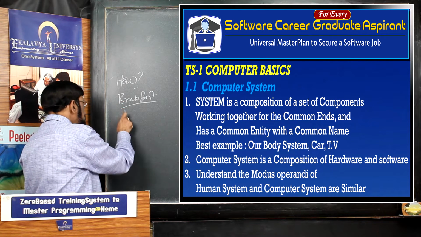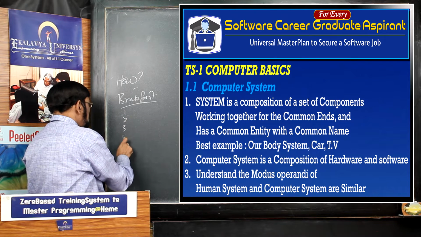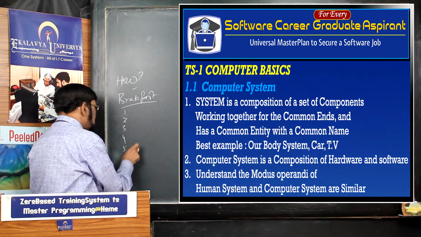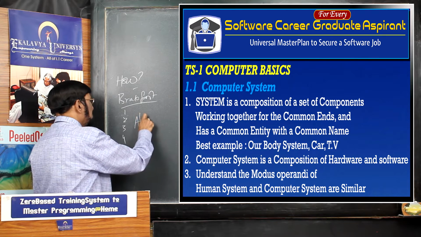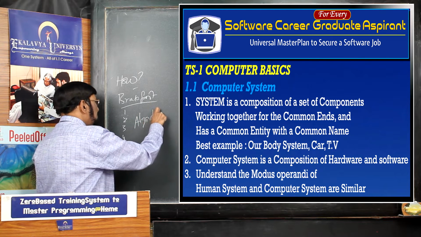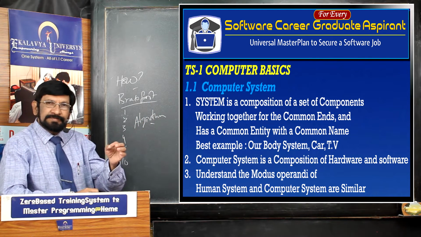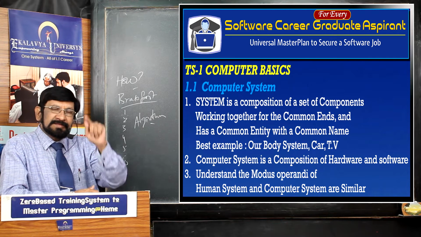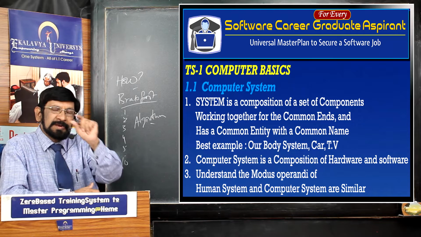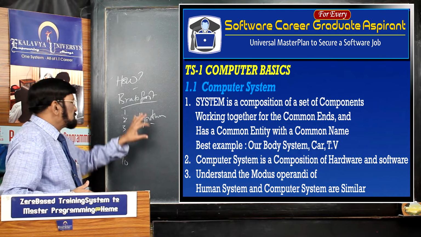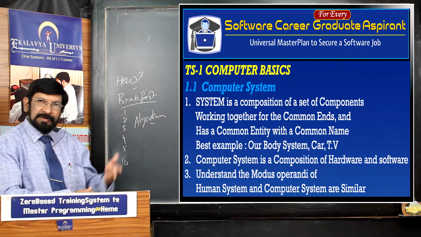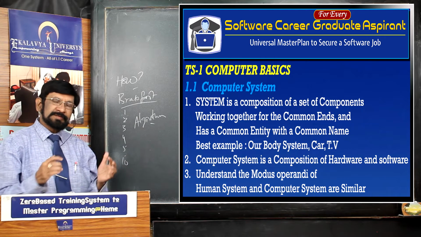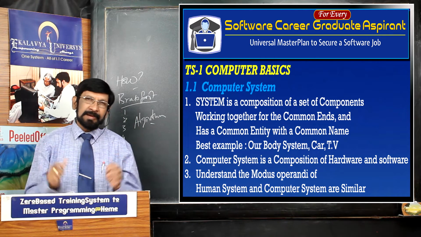Technically these 10 steps are called an algorithm. Algorithm means the steps involved in the implementation of a task. Whatever I listed with reference to this example, that is an algorithm.